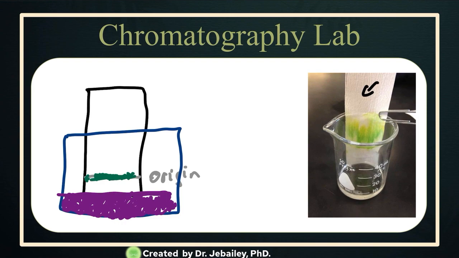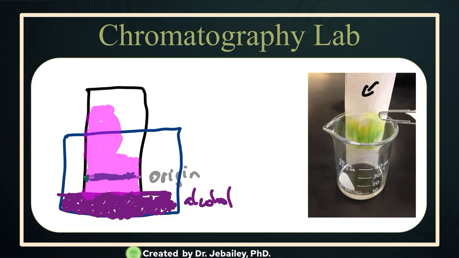So when it touches the bottom of it, this is alcohol again. Now you know how water and liquids can go through paper and you see the paper absorbing that liquid? It's the same thing. The paper is absorbing that alcohol. The alcohol is moving up through the paper, and it's going to reach a point where it just stops.